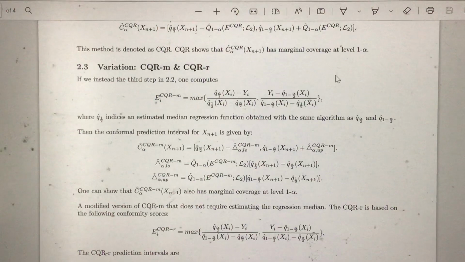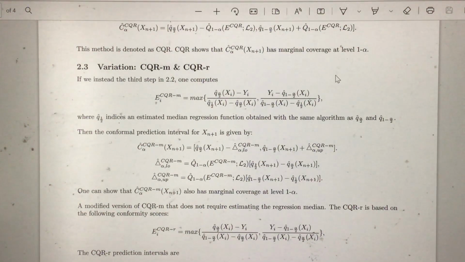It will be Q hat half of alpha minus a triangle hat, and the upper bound will be Q hat 1 minus half of alpha plus the triangle hat. The triangle hat alpha lower bound will be the capital Q hat 1 minus alpha with E CQRM and L2, and it will be times the denominator.